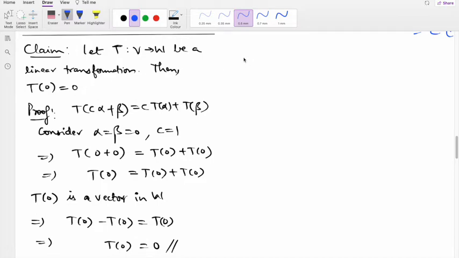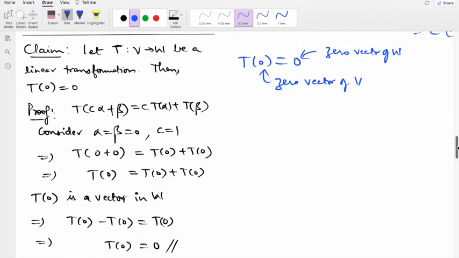Okay. Now here you need to be a bit careful. What zeros are these, right? What is 0 here? This is the 0 vector of the vector space V. This is the 0 vector of vector space W, right?